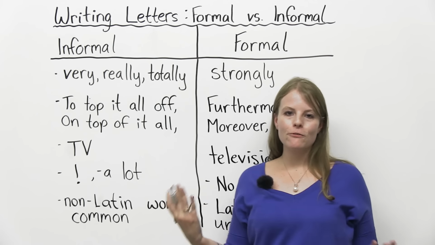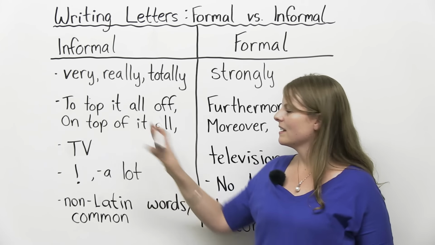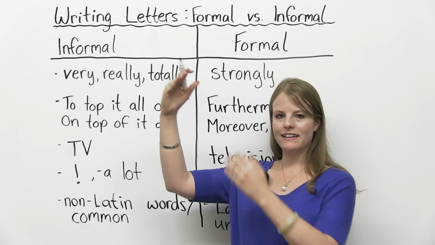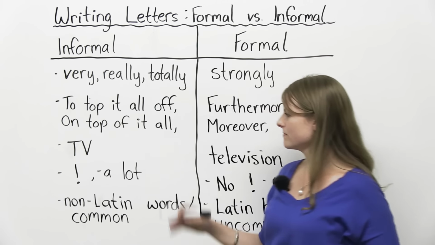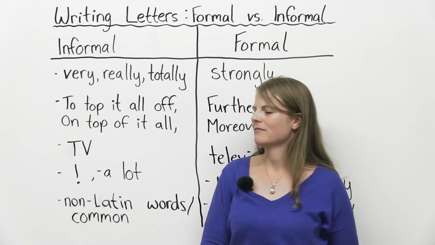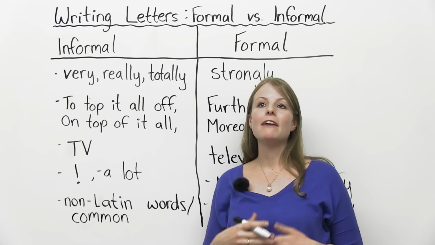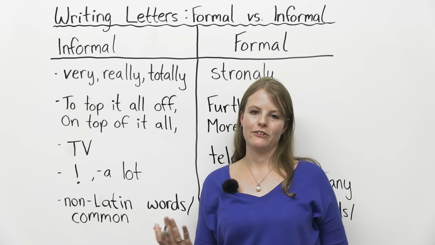In informal writing, you can use these as connectors. So if you're connecting one idea to another idea, one paragraph to another paragraph: to top it all off, on top of it all. To top it all off, my vacation was ruined because of a blizzard.